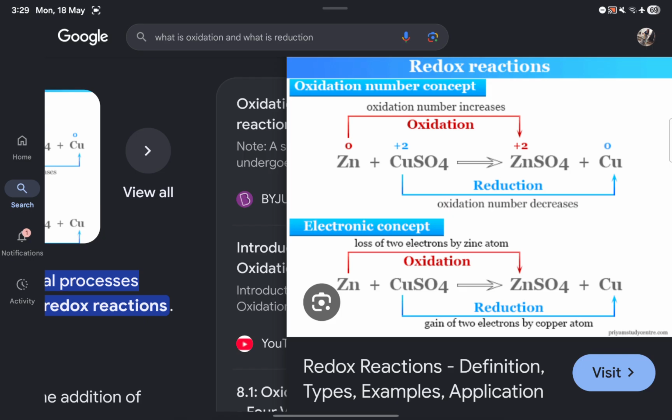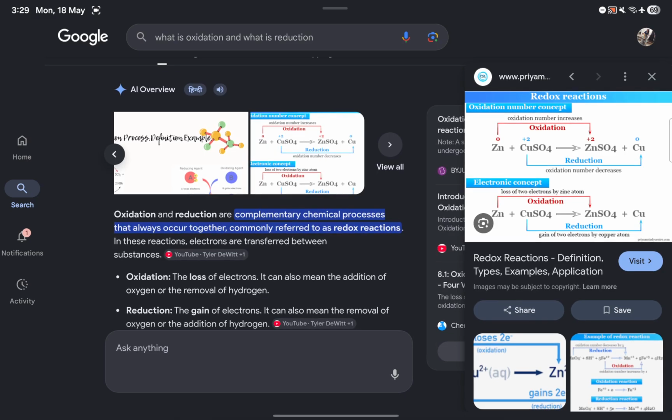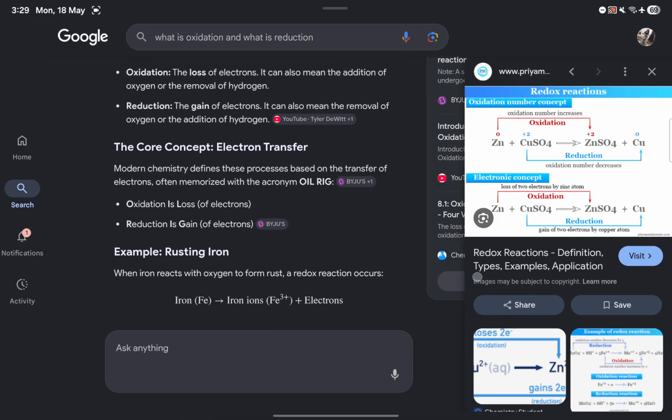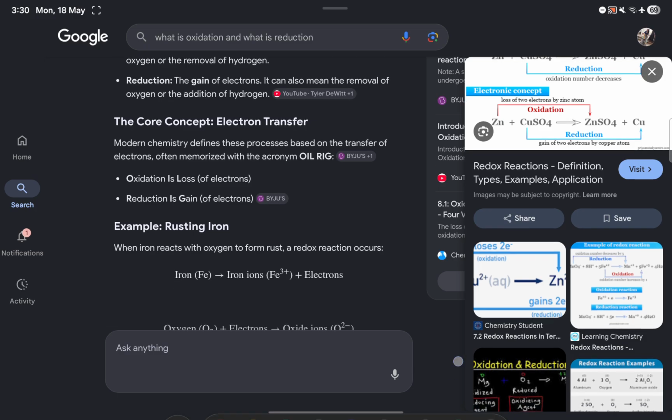There was a time I was an expert in this. Now I've forgotten everything. Oh God. Oxidation is loss of electrons. Reduction is gain of electrons. Oil rig. Wow.